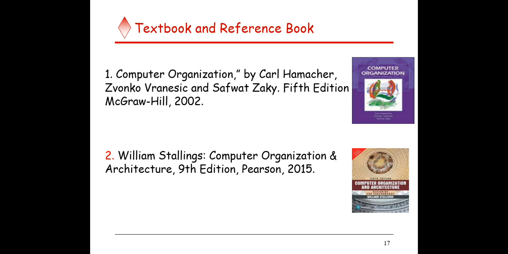The second book is by William Stallings. Its cover page is also given in the slides. It's the 9th edition of Computer Organization and Architecture by William Stallings. That is a reference book; all the contents are taken from the first textbook, and still I will recommend the reference book for a few topics that I will mention separately.